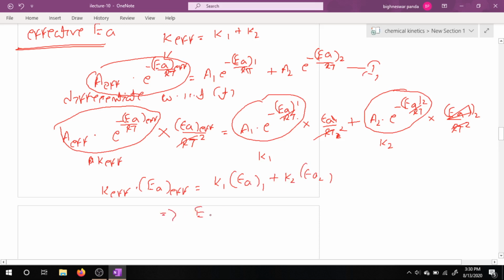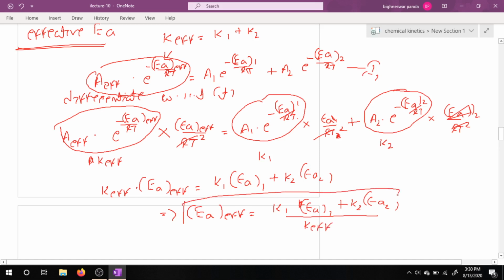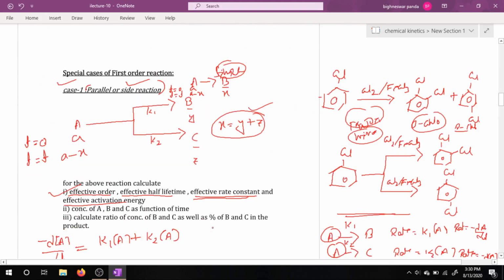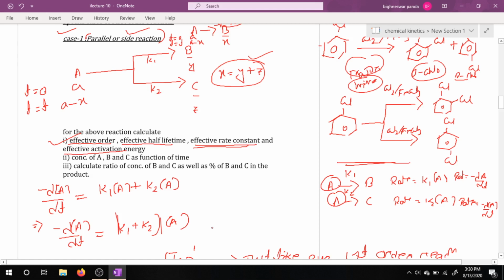This I can easily calculate the effective activation energy. So all the 4 questions are solved. What we have calculated: effective order came to be 1, effective half-life, effective rate.